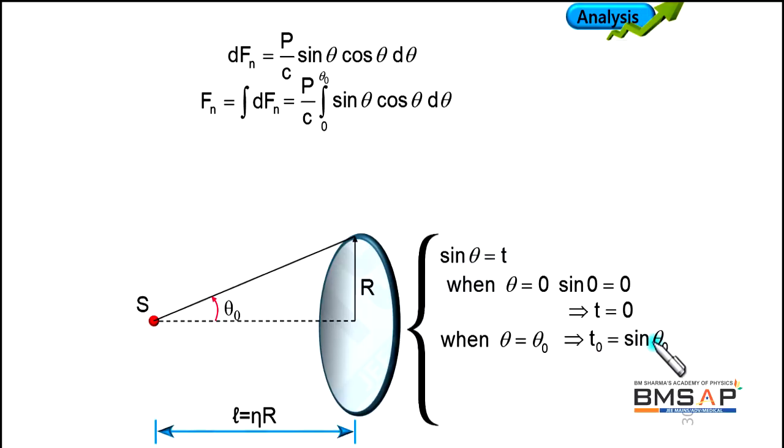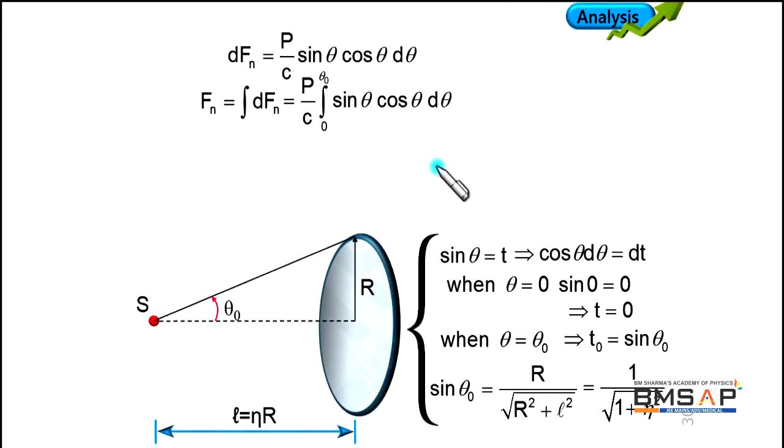This is the maximum limit, and from this triangle we can observe sin theta naught equal to r divided by this length, and this length is under root L square plus r square, and we know the value of L, eta multiplied by r. So this is the final relation for sin theta naught. Here we can substitute the value of sin theta equal to t, and the limit we have calculated.